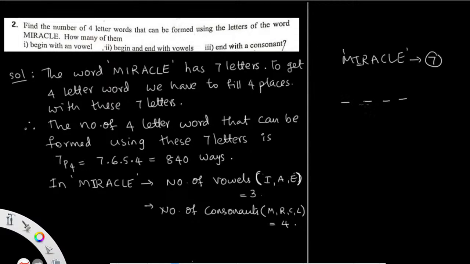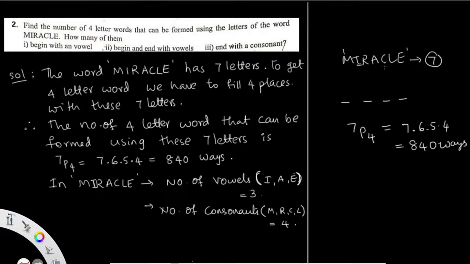To fill the 4 places using the 7 letters, the number of 4-letter words that can be formed is 7P4, that is 7 into 6 into 5 into 4, starting with 7 and writing up to 4 terms. So that totals 840 ways. He is asking only for the number of 4-letter words that can be formed using the letters of the word miracle.